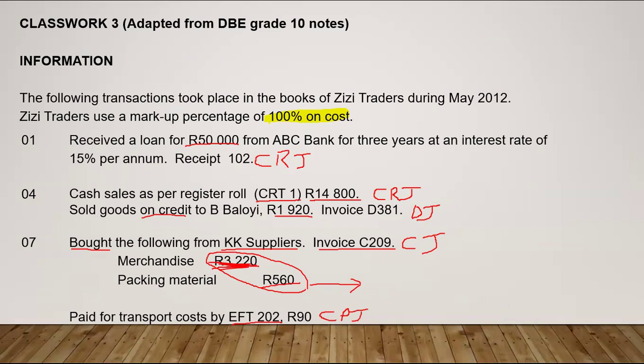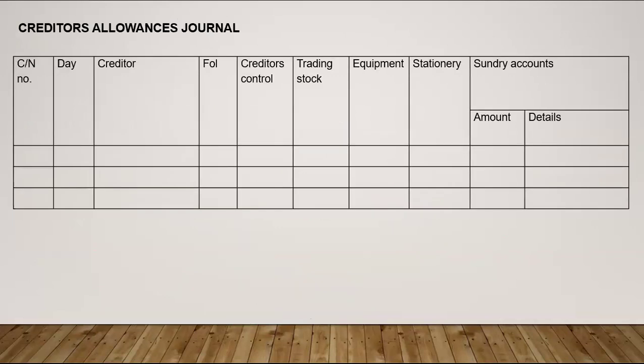I'm going to multiply it by 10% and I will record it in the creditors allowances journal. So it'll be CN56. Today will be the 22nd. This is what's from KK suppliers. It'll go under creditors control and it'll go under trading stock because they said it was solely for goods. How did I get that?